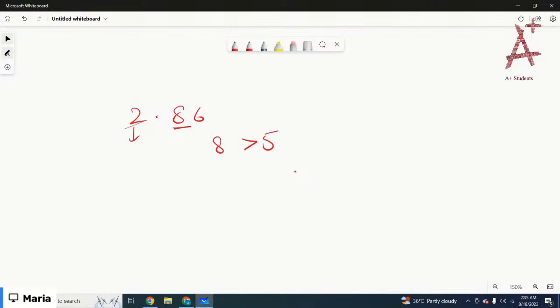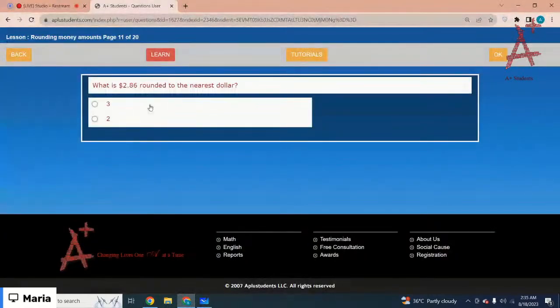That means you have to round up. 2 plus 1 is 3 and replace the other two digits with 0, so it would be $3. So the correct option is 3.